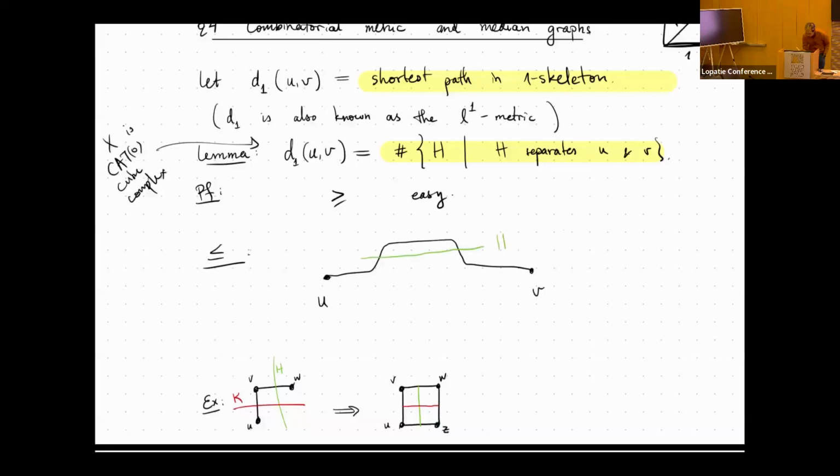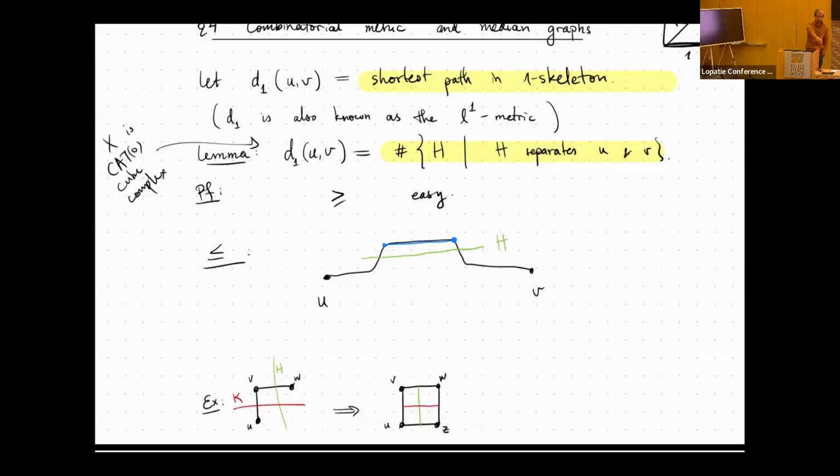Okay, so this is my hyperplane h. I crossed it twice, I crossed it many times. But now let's look at the shortest possible interval where I cross some hyperplane twice.